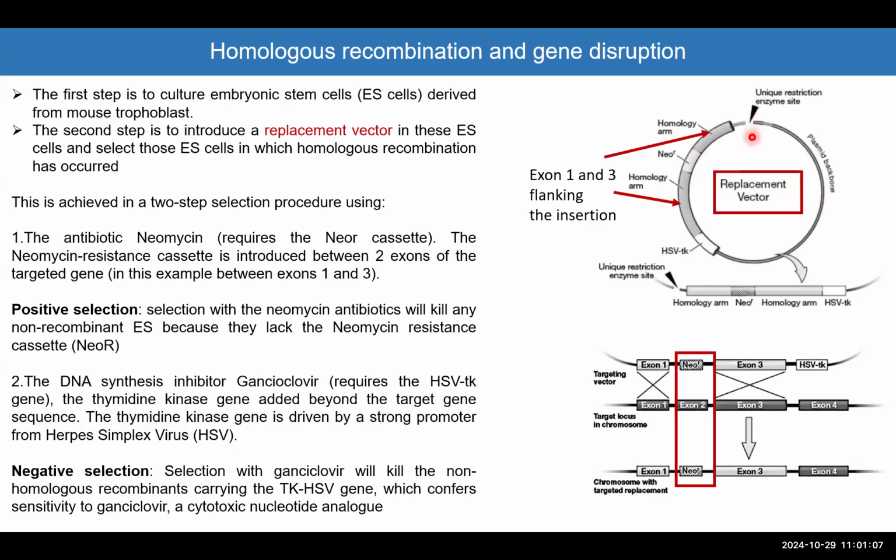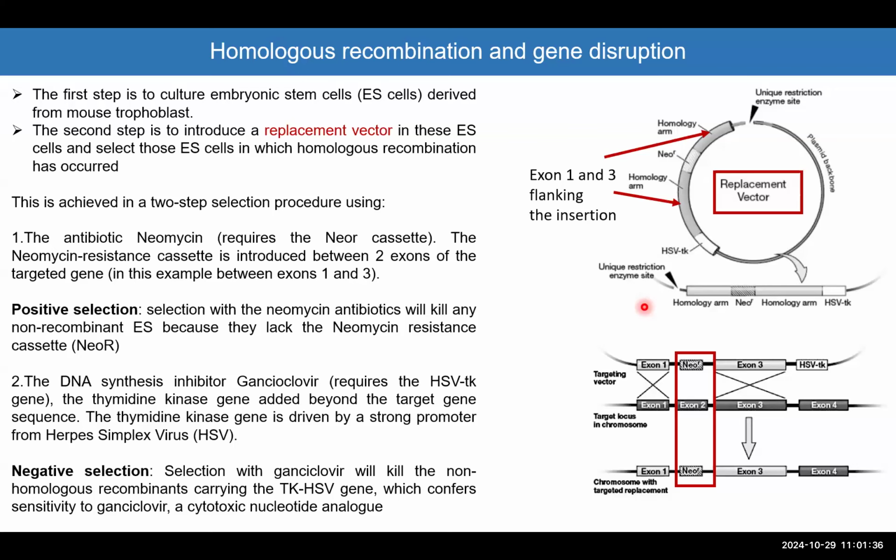Once we know which gene we are gonna use, which plasmid we're gonna use, then we engineer this part homologous to the endogenous chromosome. We will again cut it to linear form and perform the process of homologous recombination.